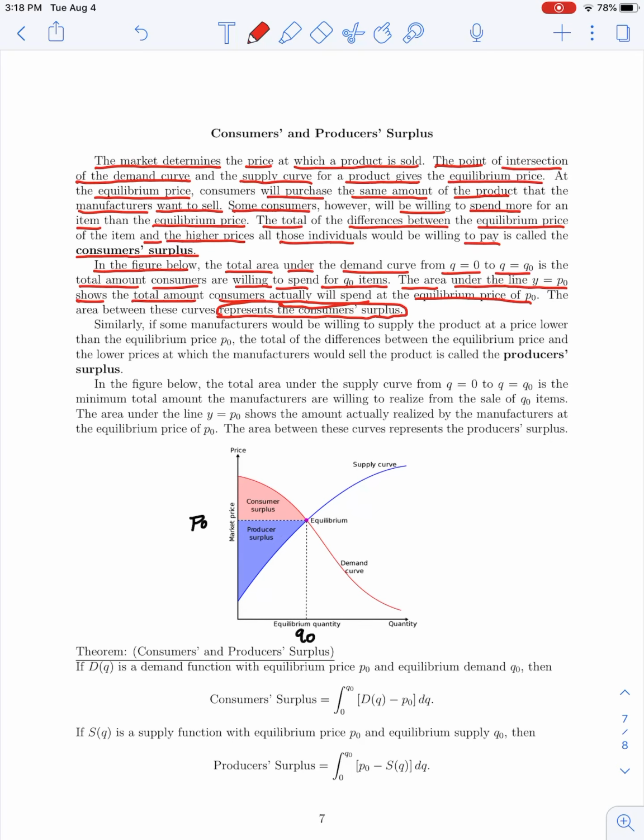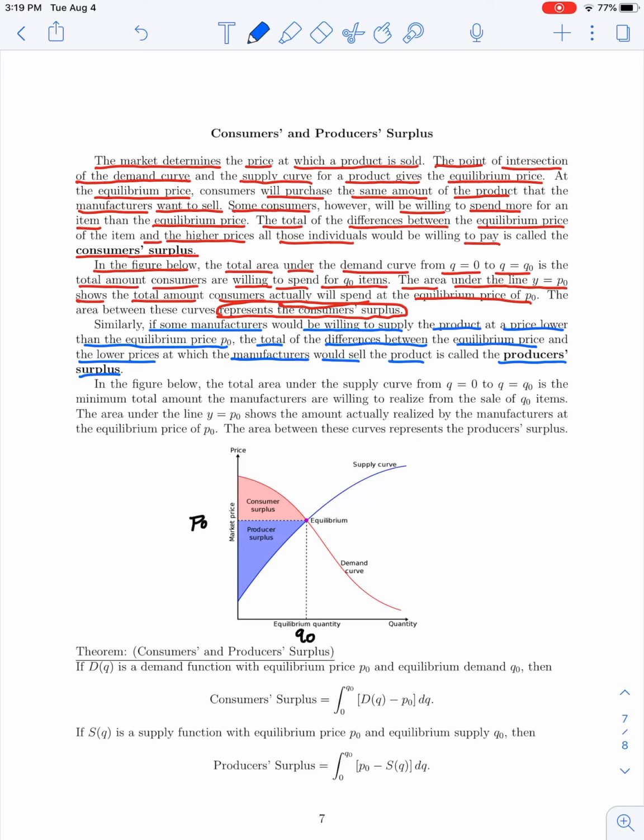Now, if we're talking about something called producer surplus, if some manufacturers are willing to supply this product at a price lower than the equilibrium price, P naught, then the total of the differences between the equilibrium price and the lower prices at which these manufacturers would sell the product is called the producer surplus.